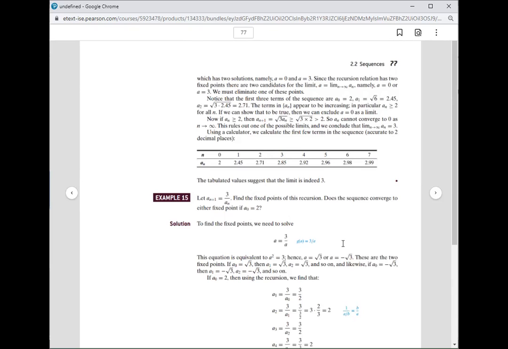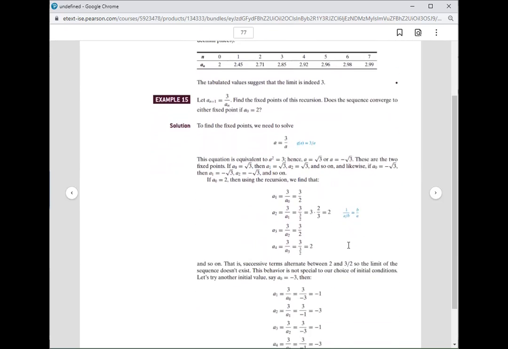So if a0 equals the square root of 3, then a1, a2, and so on are all the square root of 3. And likewise, using the negative root, we get the same. So if a0 equals 2, then we find that this equals this, right?